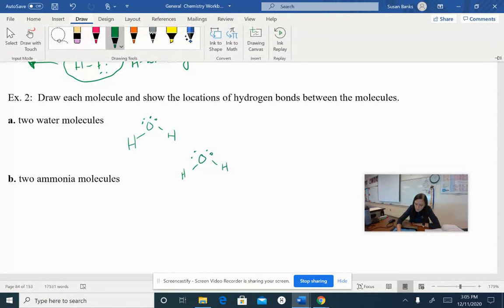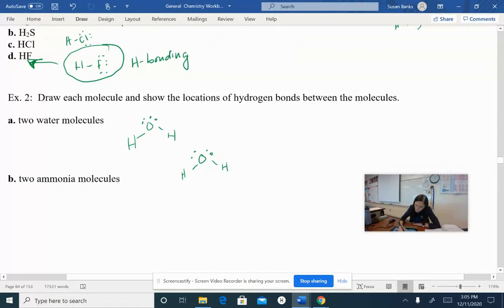So where would that bonding be? Remember, the hydrogens are positive, right? And the oxygens are negative. So our hydrogen bond, I'm going to draw this in pink as dots, is going to be right there between the hydrogen on this molecule and the oxygen on this molecule. So it's going to push these two molecules close together.